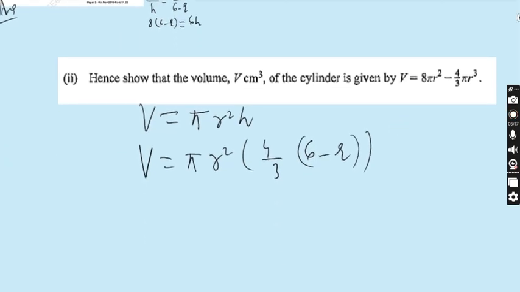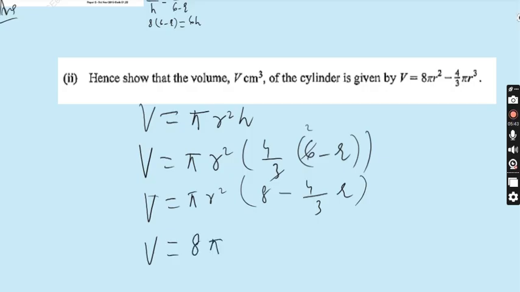Very easy. V is equal to pi r square, 4 upon 3 into 6. 3 twos are 6, 4 twos are 8, minus 4 upon 3 r. And V is equal to 8 into pi r square is 8 pi r square, minus 4 upon 3 r into pi r square is 4 upon 3 pi r cube.